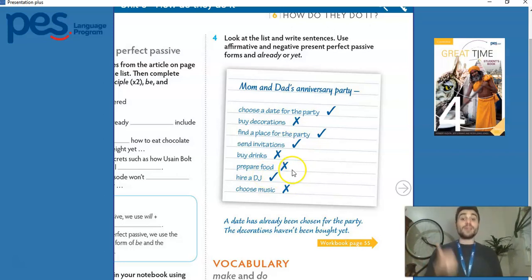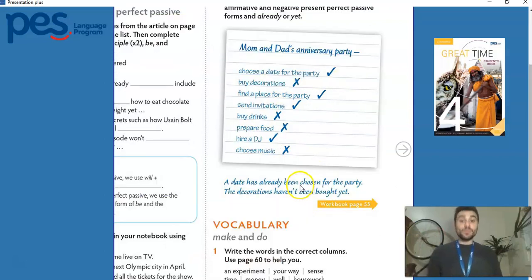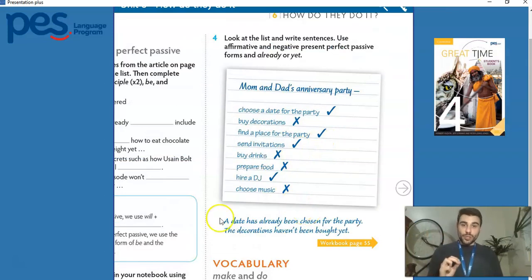Hire a DJ, affirmative. And choose music, negative. So, one example here: A date has already been chosen for the party. So we know that a date for the party has already been chosen. And decorations: The decorations haven't been bought yet.